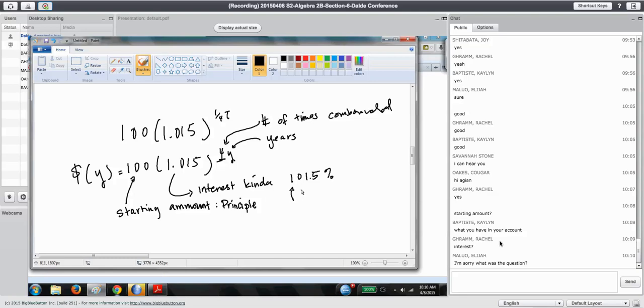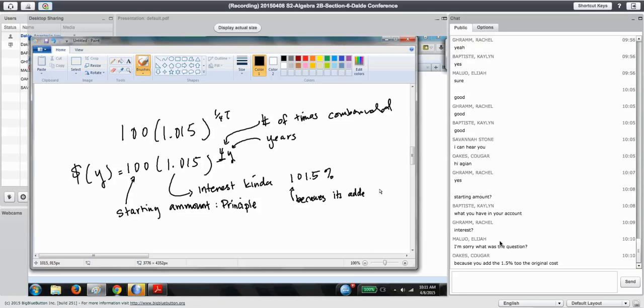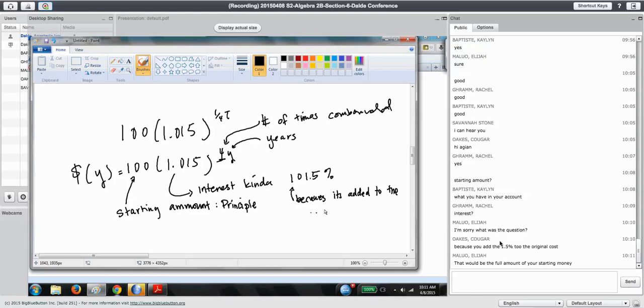Where did we get that part? Yes, exactly, Cougar. Because that would be taking into account the full amount of your starting money.